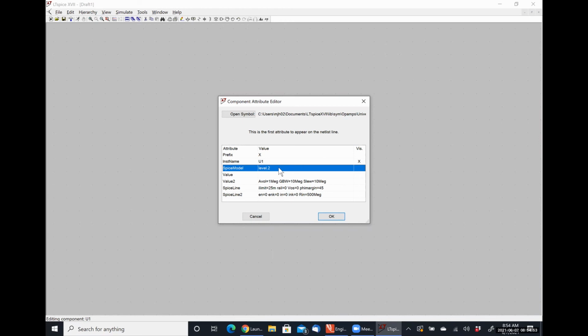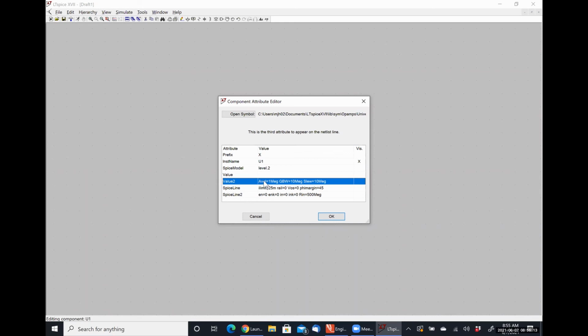Level 1 treats it as just an ideal op amp, so no power supply voltages matter or anything like that. The input resistance is infinitely large, the output resistance is infinitely small, I guess, or 0, and the gain is infinitely large. And then spice levels 3 and 4 start taking into account some of these parameters.